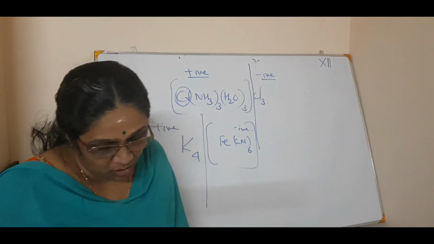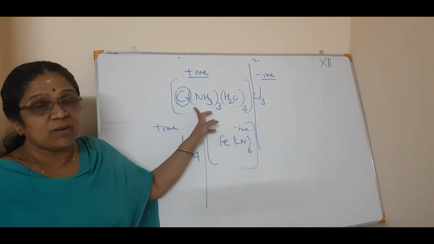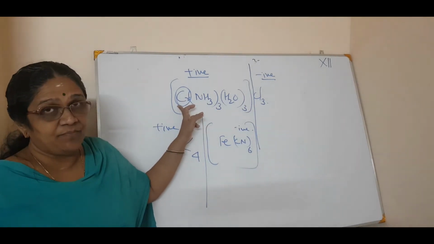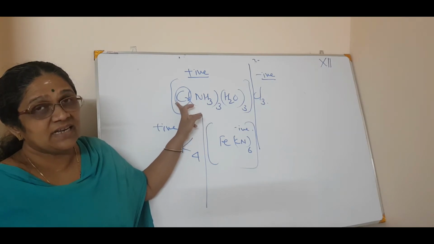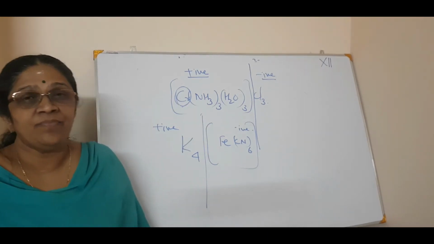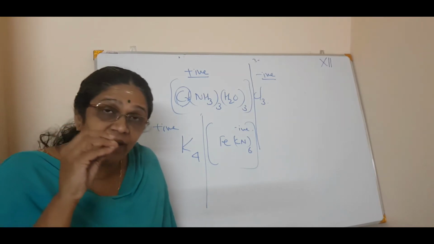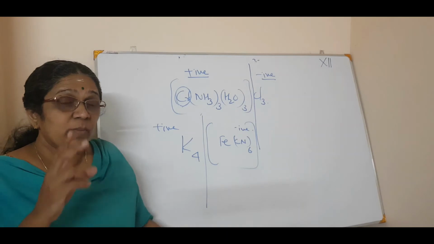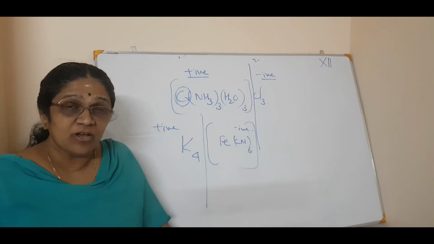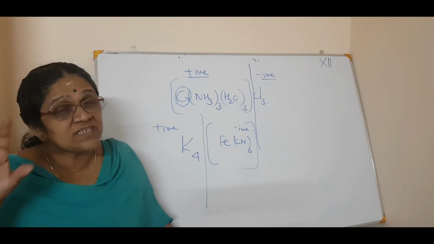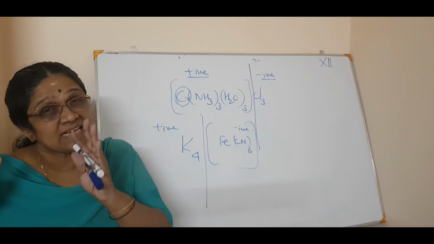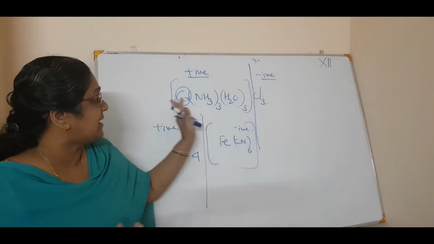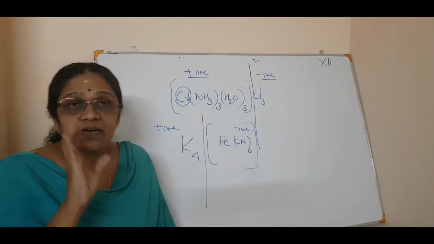അങ്ങനെയാണെങ്കിൽ ഇഫ് ദ കോംപ്ലക്സ് അയോൺ ഈസ് എ കാറ്റയോൺ, നമ്മുടെ പോസിറ്റീവ് എൻറ്റിറ്റിയിലാണ് വരുന്നതെങ്കിൽ ദ സെൻട്രൽ മെറ്റൽ ആറ്റം, അതിന്റെ പേര് അങ്ങനെ തന്നെ എഴുതുക. ദാറ്റ് മീൻസ് ഇവിടെ ക്രോമിയം തന്നെ നമ്മൾ ക്രോമിയം 3 എന്ന് എഴുതിയത്, ബിക്കോസ് അത് പോസിറ്റീവ് എൻറ്റിറ്റിയിലാണ് കിടക്കുന്നത്.